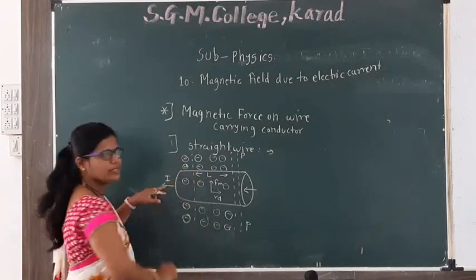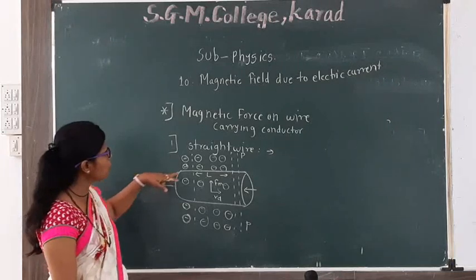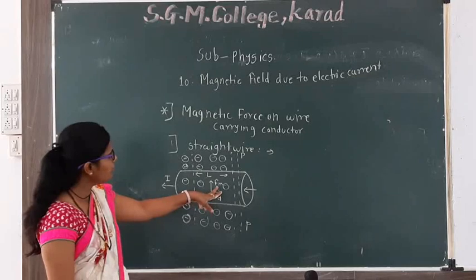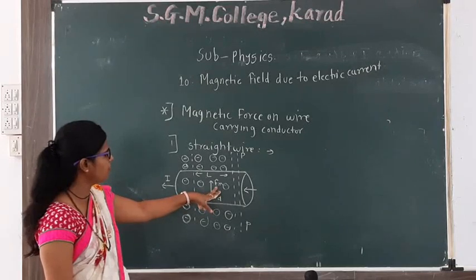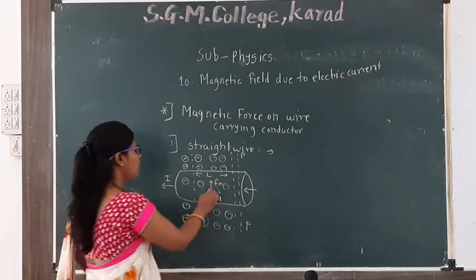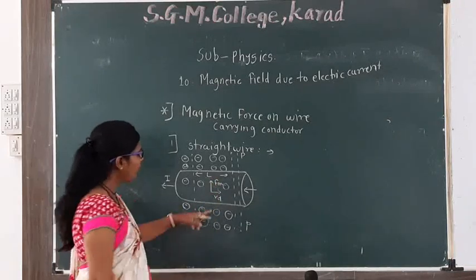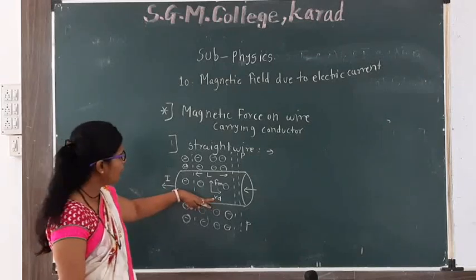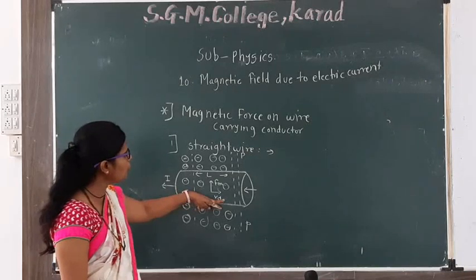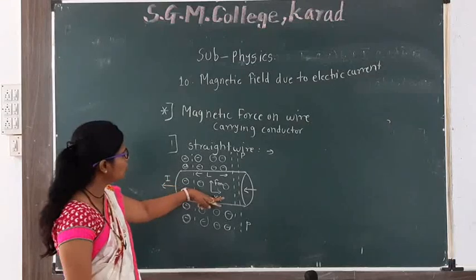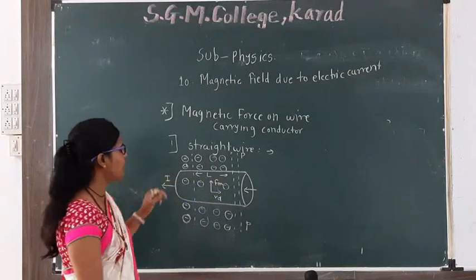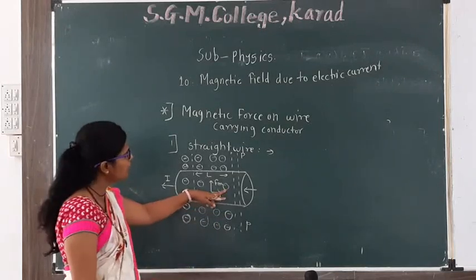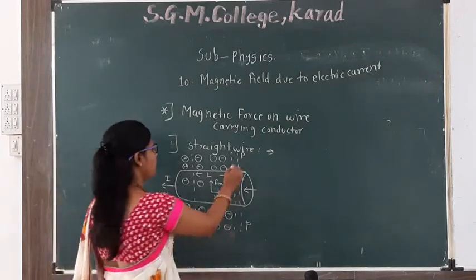I is the current flowing through the wire here. According to the Lorentz force, Vd is the drift velocity due to the motion of electrons, the motion of electrons as charged particles.